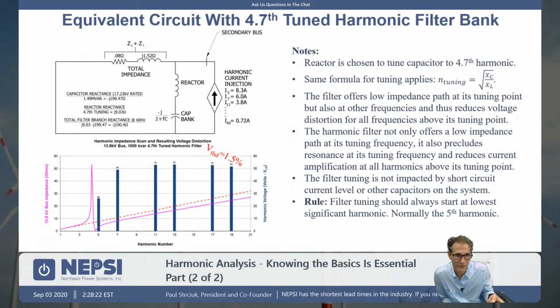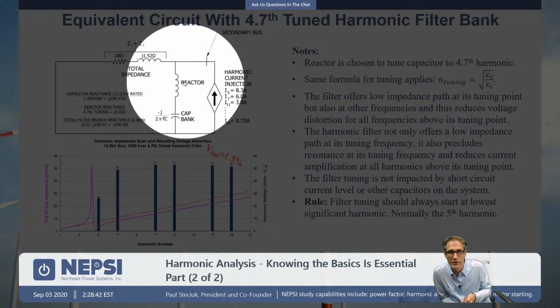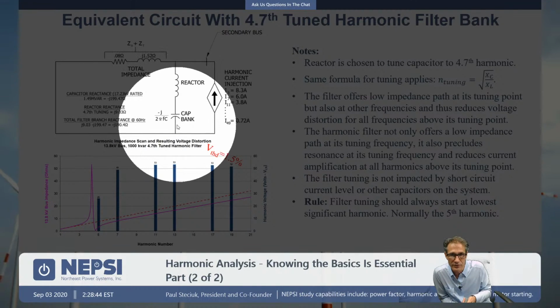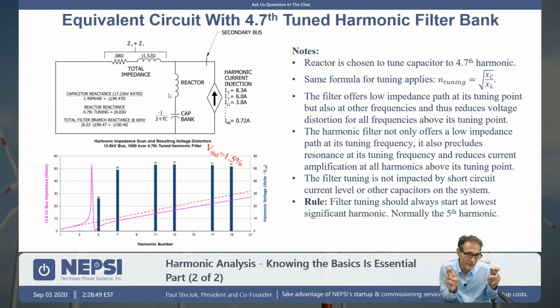But in a sense, it's still a filter. It's a filter tuned to 4.08. And that impedance, think about it here, we're going to shift that to the left, which means that we'll be further up on the impedance curve. It means less harmonic current will flow into the capacitor, and the result is it will become less of a filter and more of a capacitor bank. And that's really the concept here.